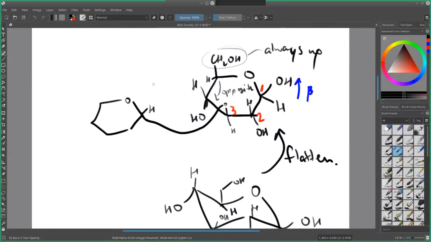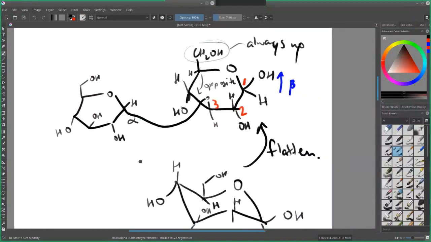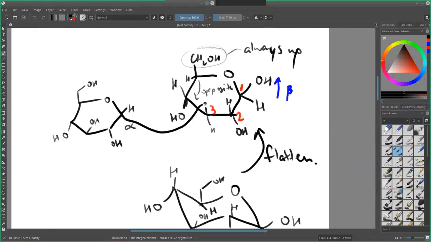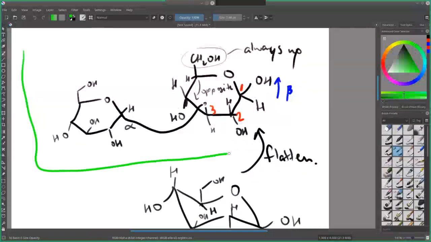And because this O is facing down on it, that means this is alpha. And from there, we start up here. We know that this one is always facing up. And we just alternate and fill in the rest. And there we go. That is the product.